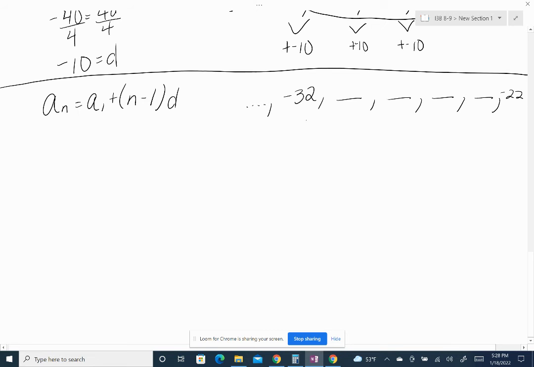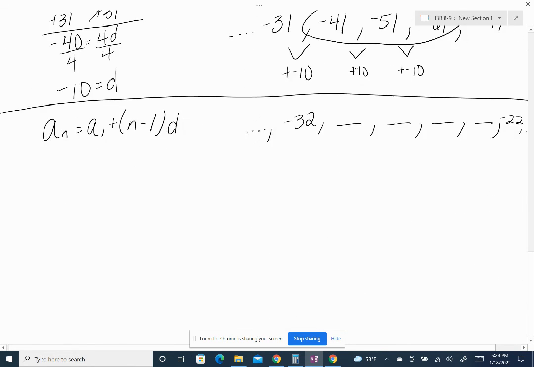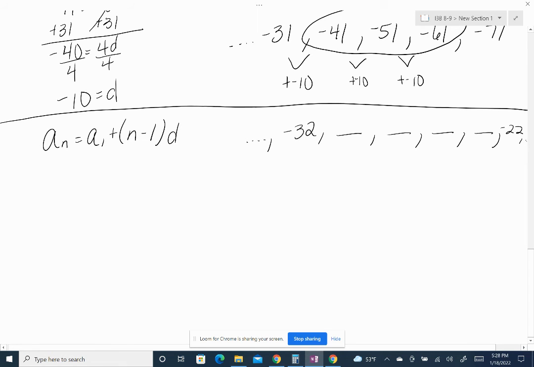There we go. Okay. So we have 1, 2, 3, 4, 5, 6 terms, and n is equal to 6. And then we have negative 32 as our a1, our first term, and that is our sixth term.